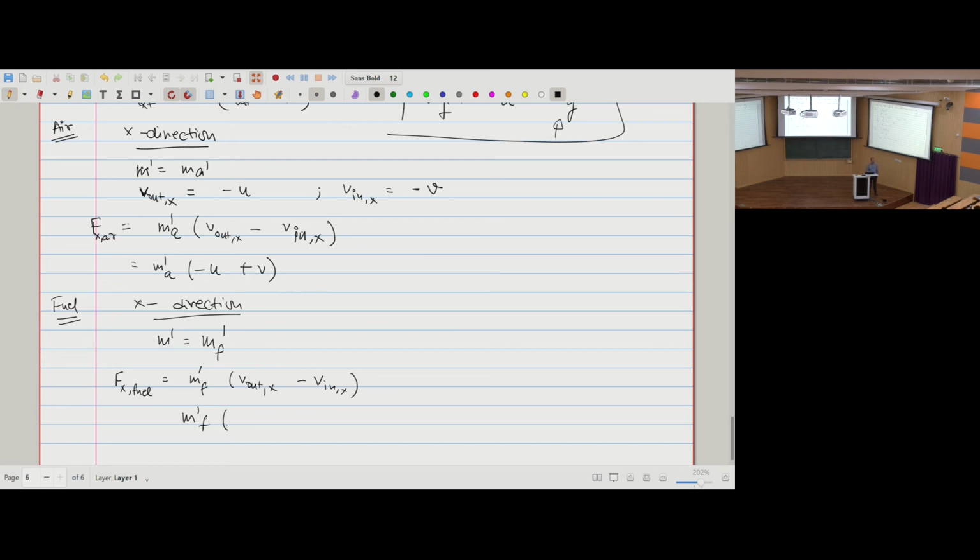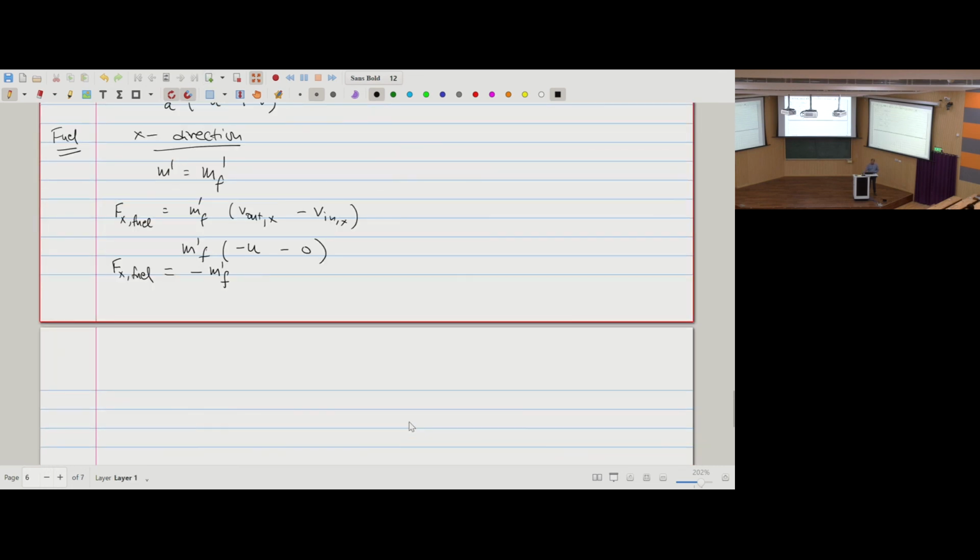So what is V out x? Minus u. Fuel is leaving with the exhaust. And what is V in x? 0. Fuel initially was moving with the jet. So from the jet's frame, the fuel is stationary. Then what is the net external force acting in the x direction?